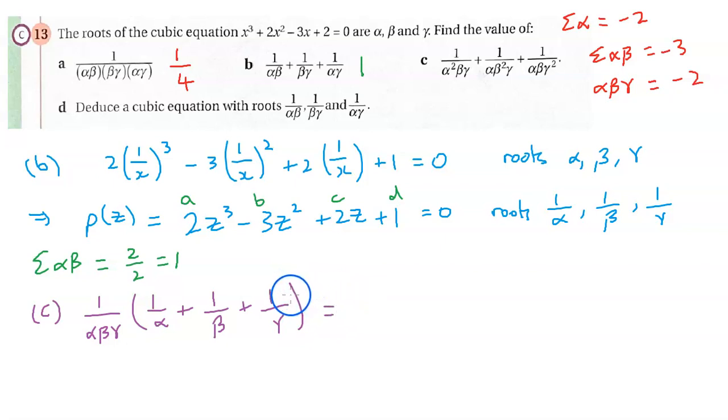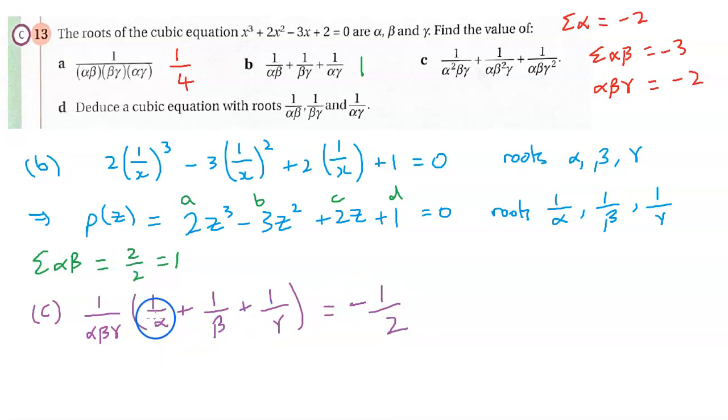Now we know 1 over alpha, beta, gamma is equal to, well, alpha, beta, gamma is negative 2. And we can see here as well it's negative 1 divided by 2. So yeah, 1 over alpha, beta, gamma is negative 1 divided by 2.